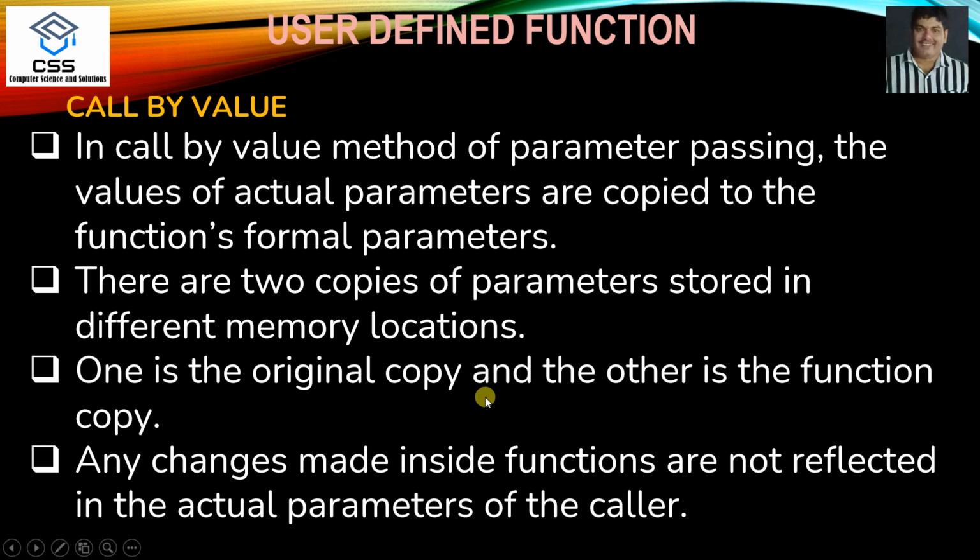One is the original copy and the other is the function copy. Original copy means your actual parameter, and the function copy is your formal parameter. Any changes made inside the function, that is, any changes made to the formal parameter, do not affect the actual parameter. The actual parameter is the real memory and the formal parameter is the temporary memory.